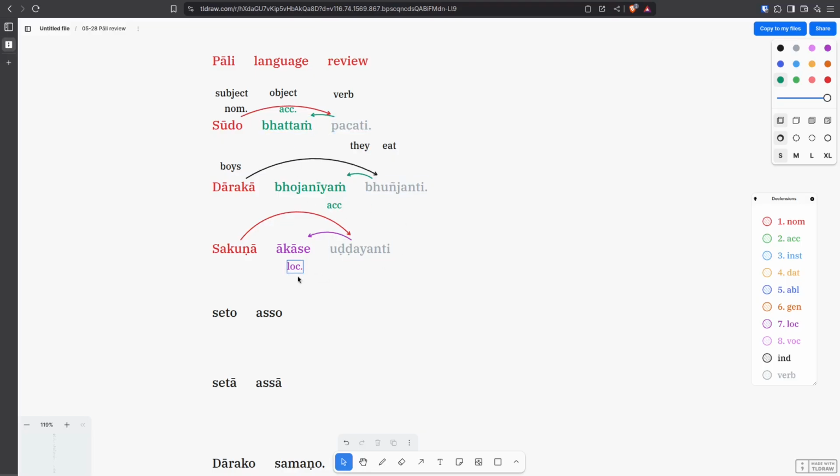Locative functions with place or time. So samaye, for example, is also very common, meaning at the time: samaya is time, and in the locative it's samaye. So locative can show place and time.